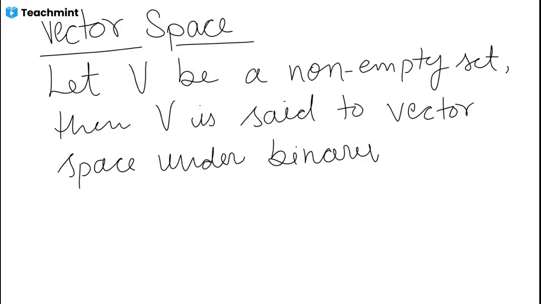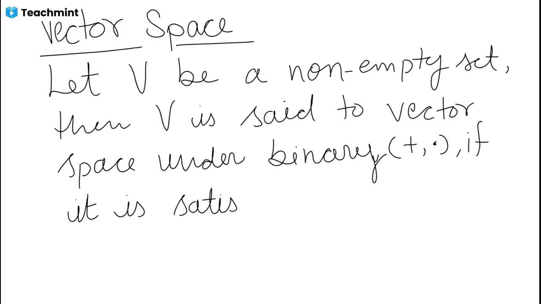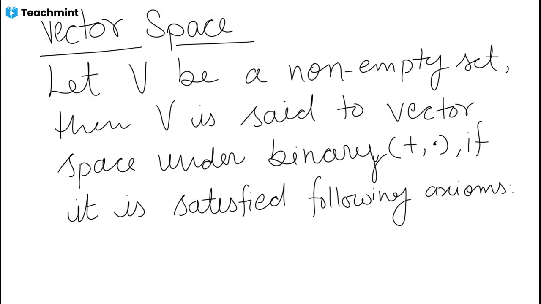Binary operations are addition and multiplication only. If it satisfies the following axioms. Axioms means properties. So, which are the axioms? Let us learn.